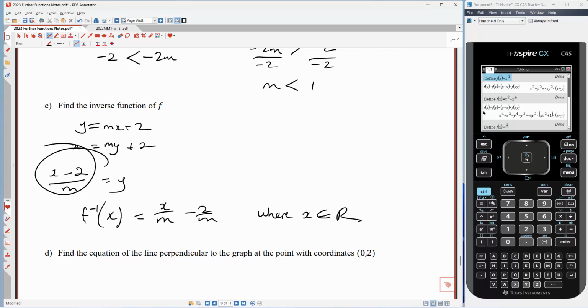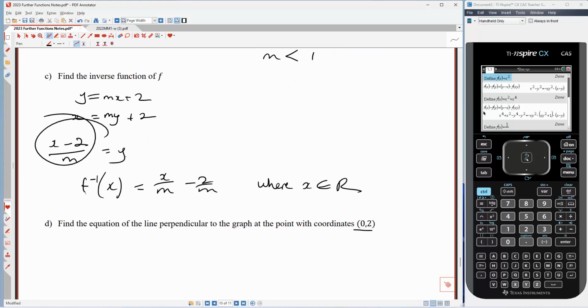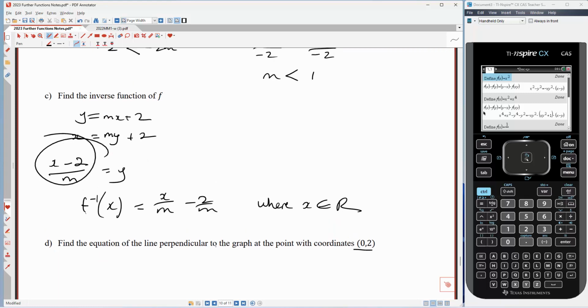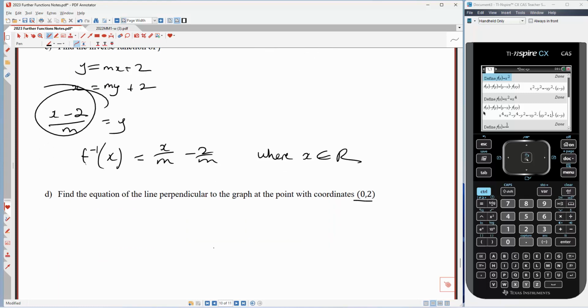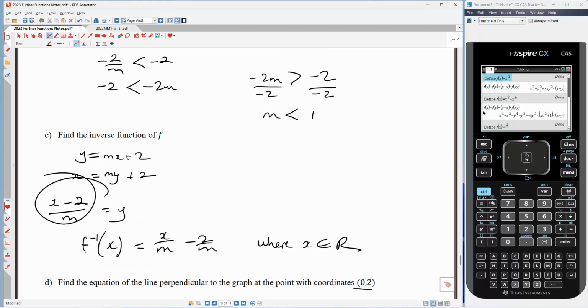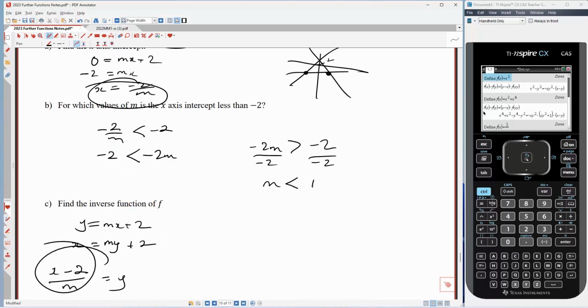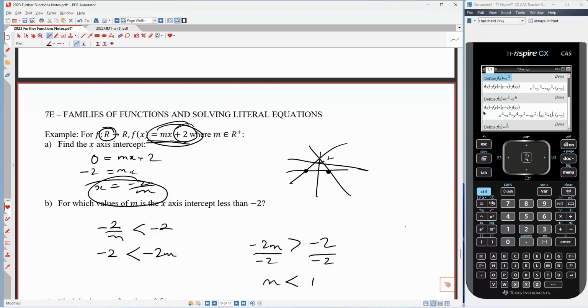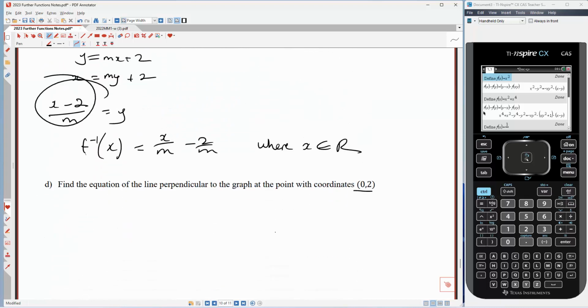Find the equation of the line perpendicular to the graph at the point with coordinates (0, 2). So the equation of the line perpendicular to the graph at the point. Basically the graph, let's write down the function y equals mx plus 2.